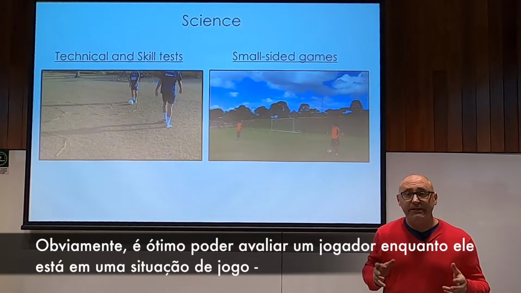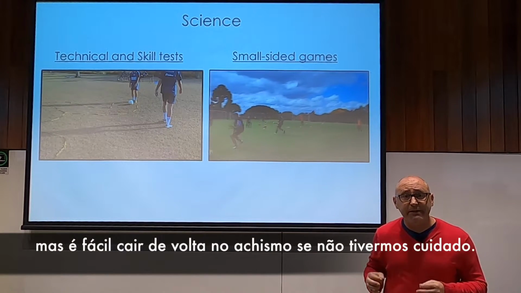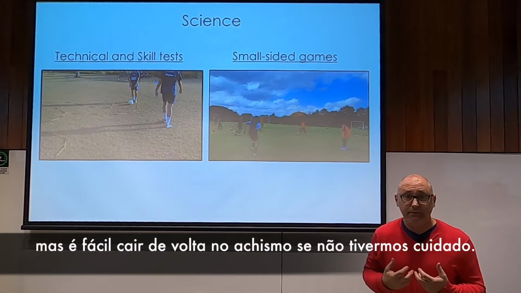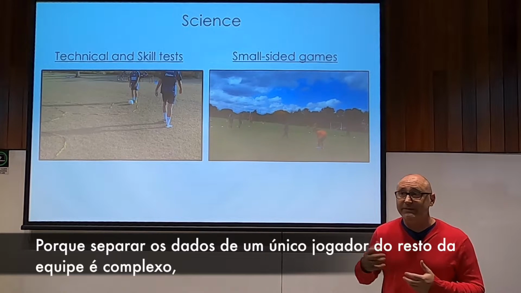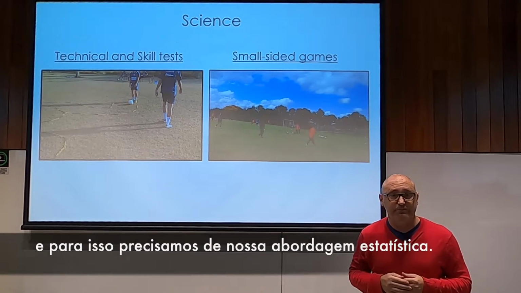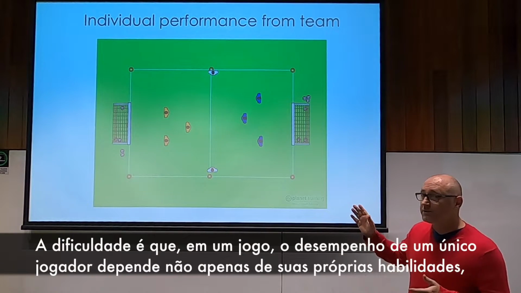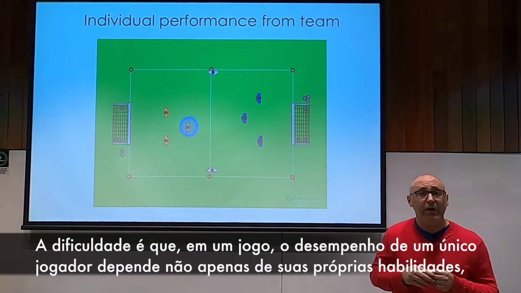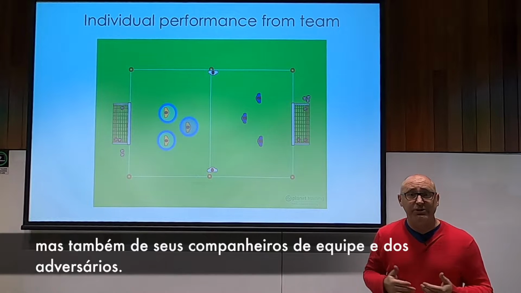Obviously, it's great to assess a player while they're in a game situation. This is where it's easy to fall back on gut feeling if we're not careful, because separating a single player's data from the team is complex, and for this we need our statistical approach. The difficulty is, in a game, a single player's performance depends not only on their own abilities, but also their teammates and the opposition.